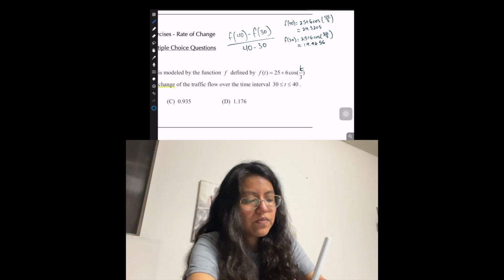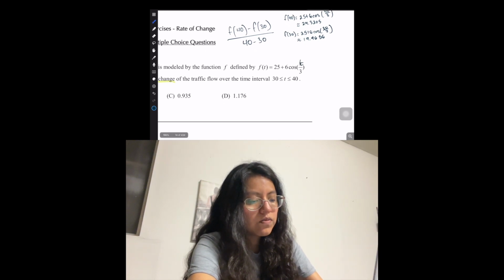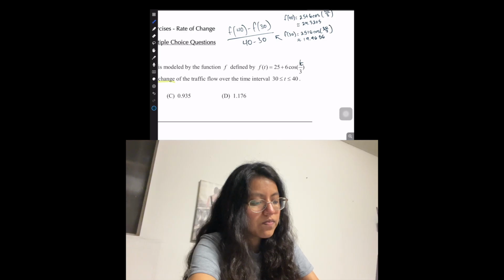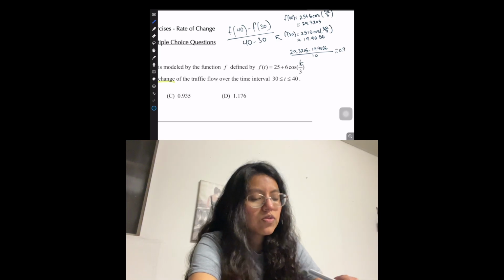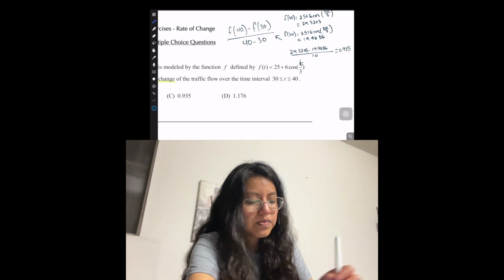Now, plugging that into our formula here, we get roughly 0.935, which is going to be C.